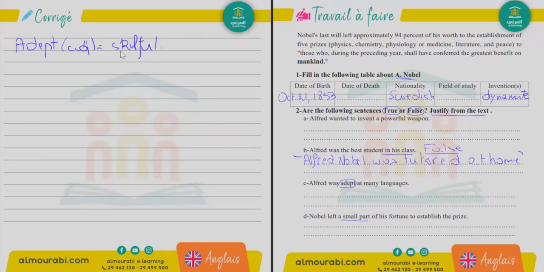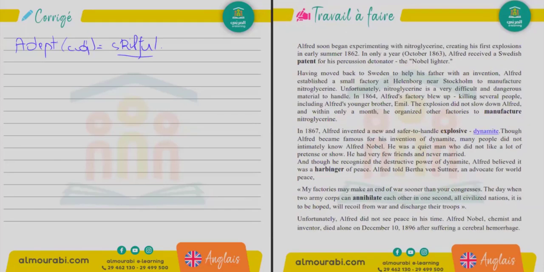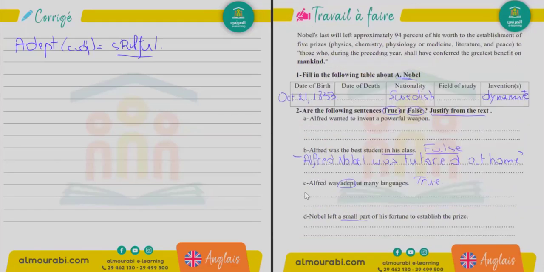For the justification, we go back to the paragraph. It says he was fluent in English, German, French, Swedish, and Russian. That's the justification I need.